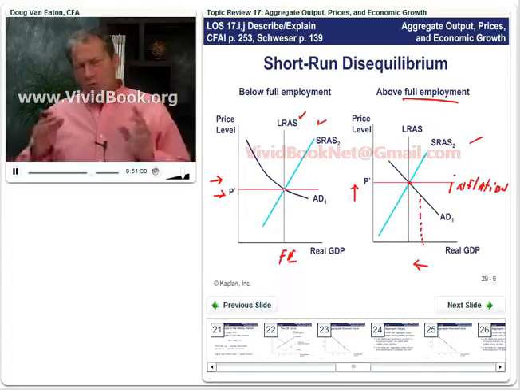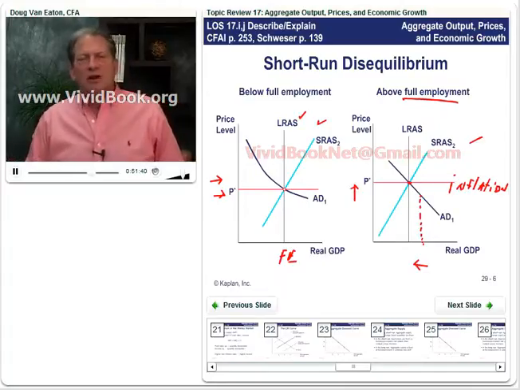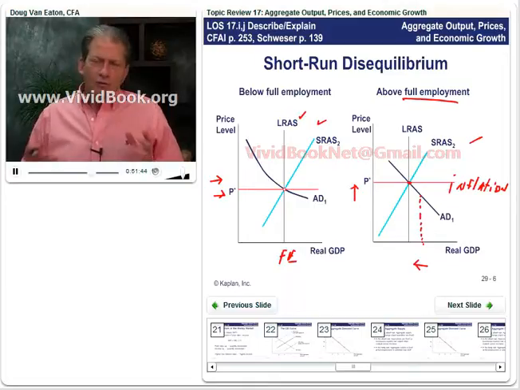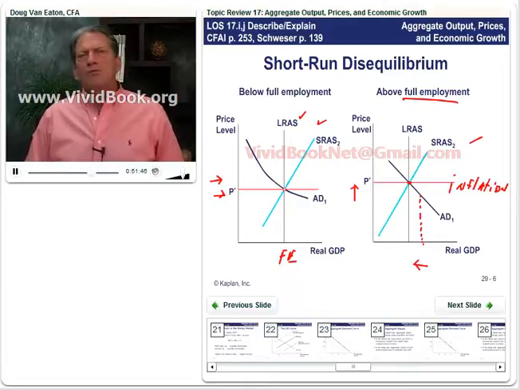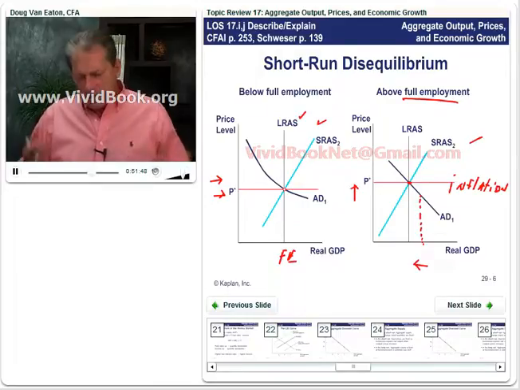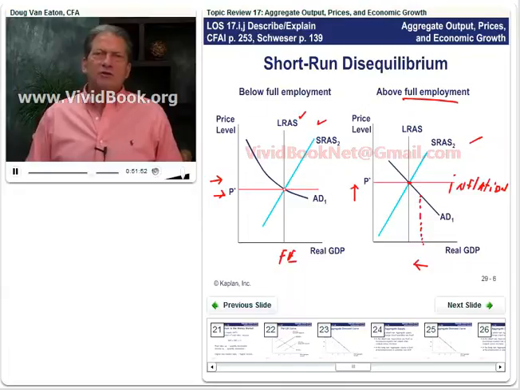That's an important story we're going to use when we talk about monetary and fiscal policy. At over full employment, we've got inflation, input prices go up, short-run aggregate supply decreases, the economy calms down, and we get back to full employment equilibrium.